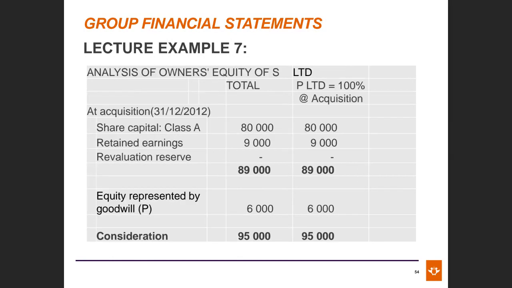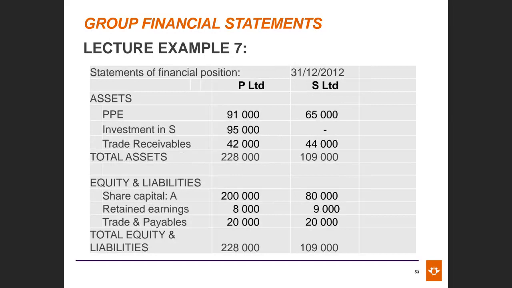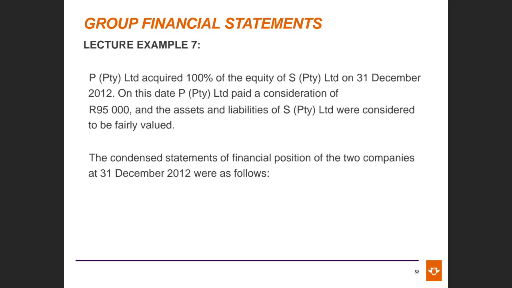Then they have shown us the owner's equity of S Limited. So this is similar to the previous example. S Limited has share capital of 80,000 and retained earnings of 9,000 Rand. But how much was actually paid for this equity? 95,000 Rand was paid.